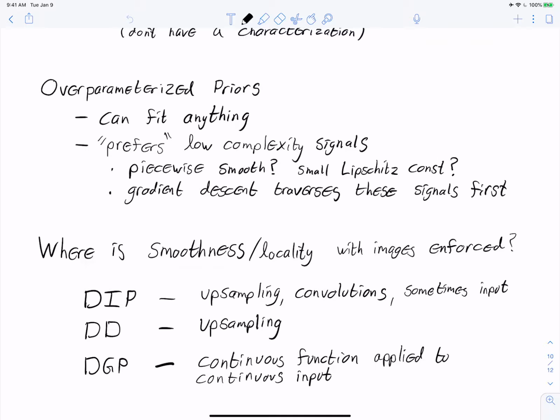Now, with the deep image prior, smoothness is achieved in a variety of ways. For example, there's upsampling operators, there's convolutions of various kernel sizes, and even sometimes the input z to the deep image prior itself had smoothness properties.